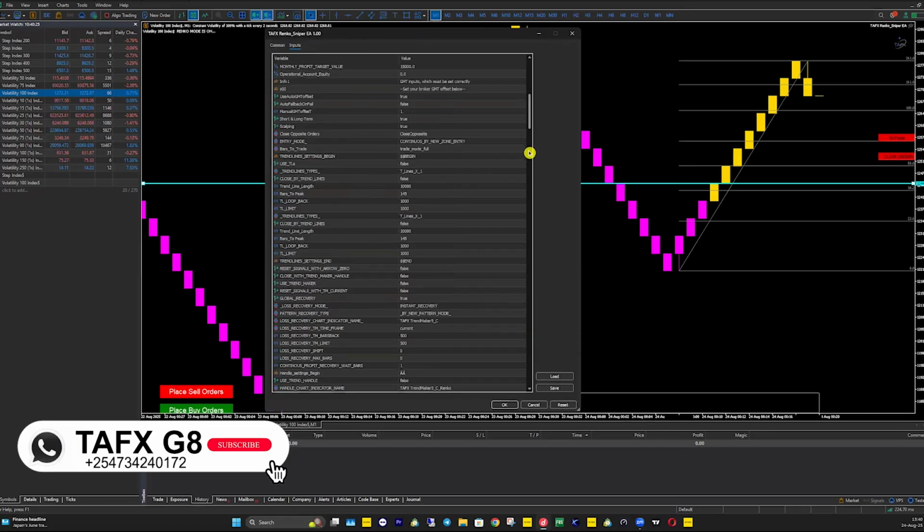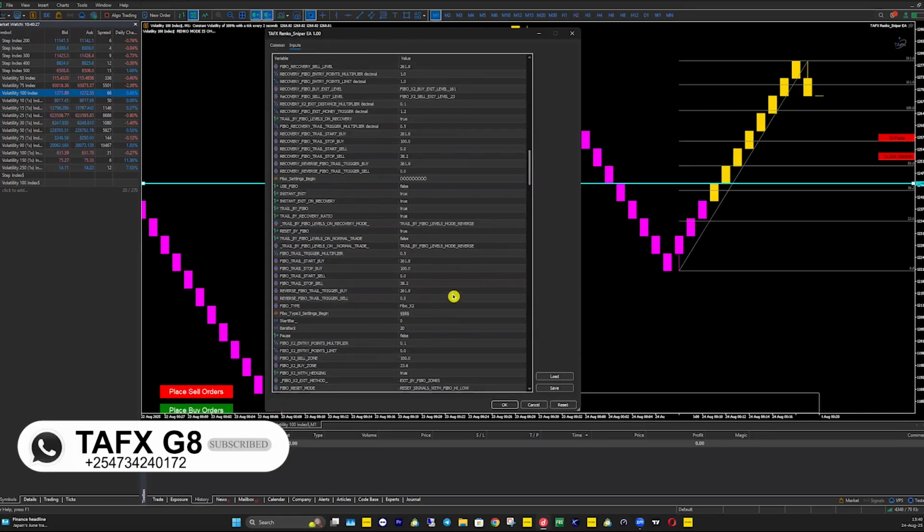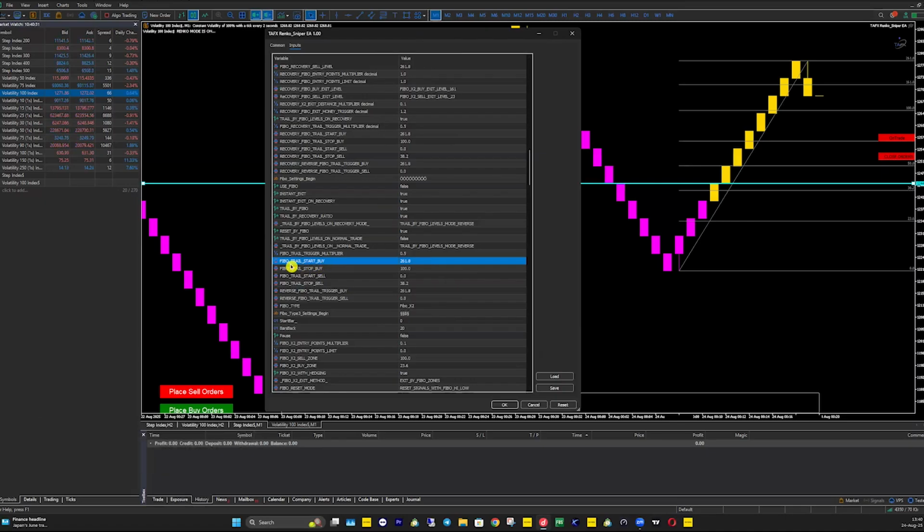We want to bring now a buy level. A buy level, here we are. Now, we have a trailing start for a buy, all right, and trailing step. Now, if we drop here, we have also a Fibo trail trigger buy. This is very, very important. Now here, we set 261.